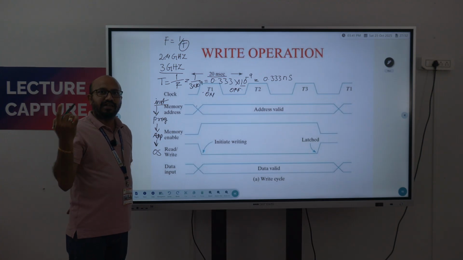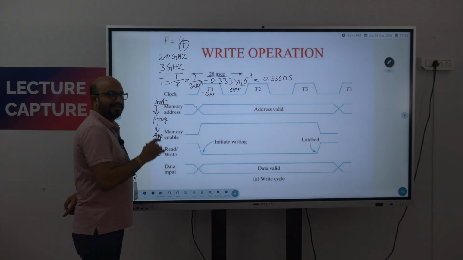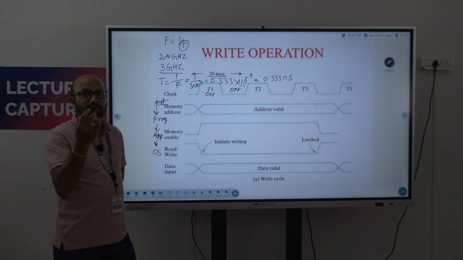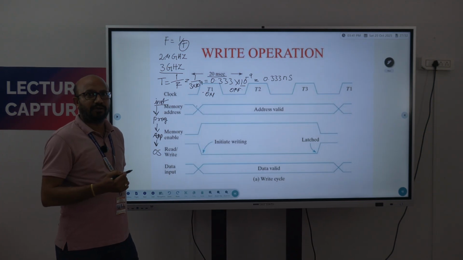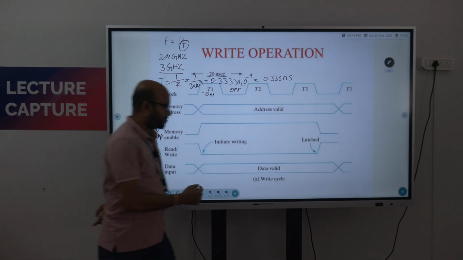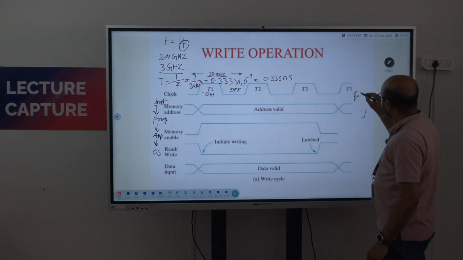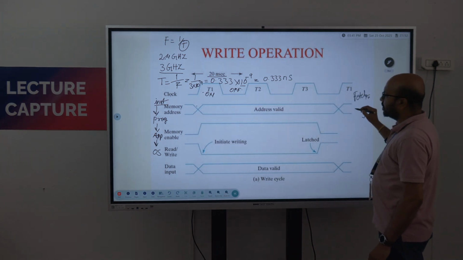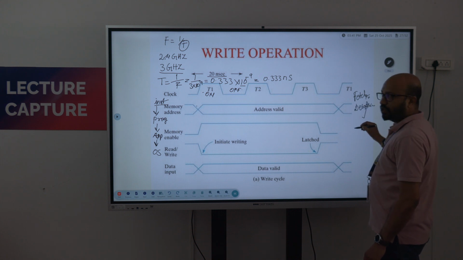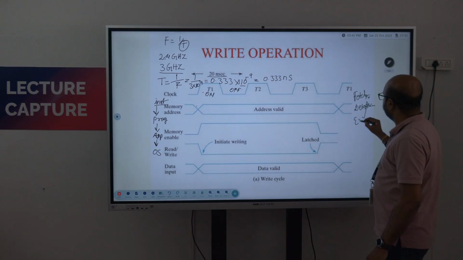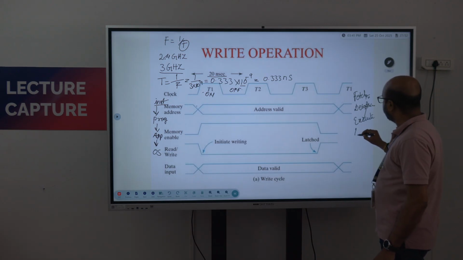Okay, for running a single instruction, we need 4 different operations. What are the 4 different operations? Fetch. Second one is decode. Third one is execute, and fourth one is store.